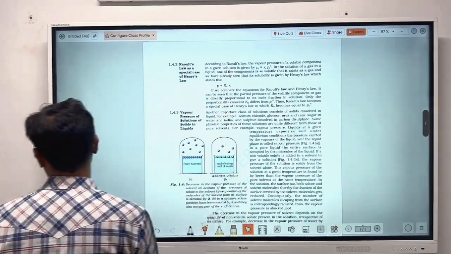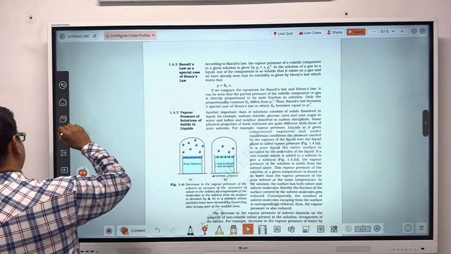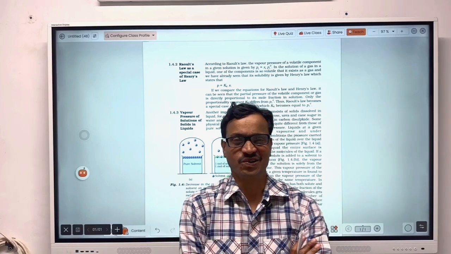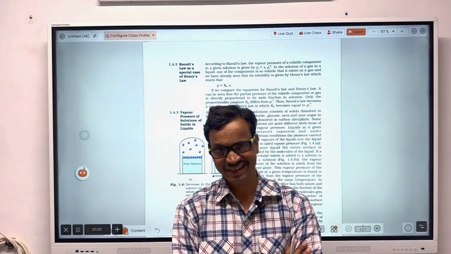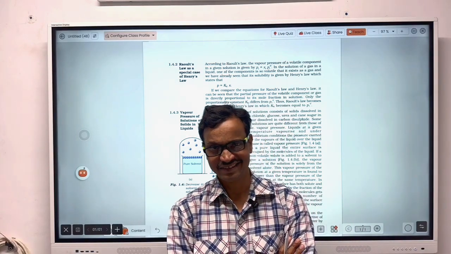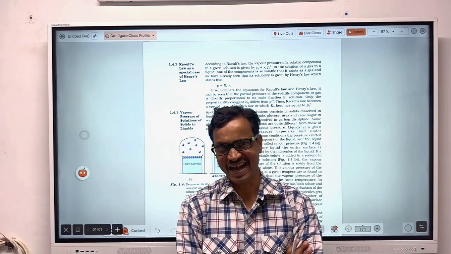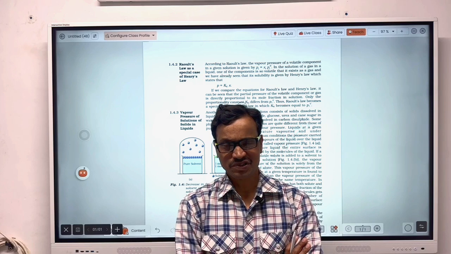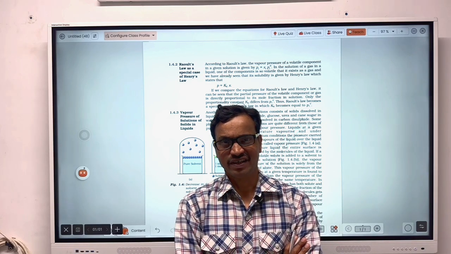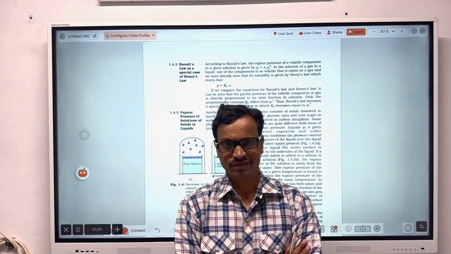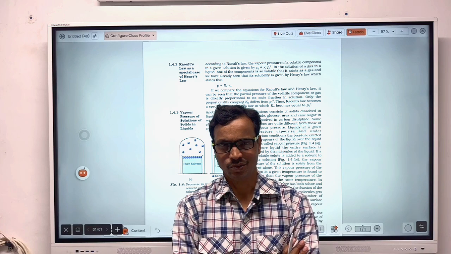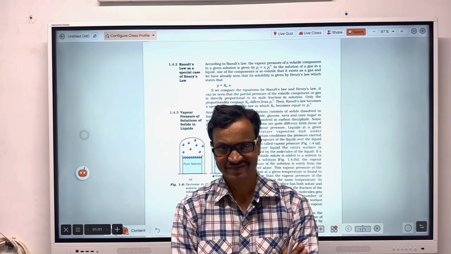This topic is asking about Raoult's law as a special case of Henry's law. What have you studied in Henry's law? That the solubility of a gas in a liquid will be directly proportional to the partial vapor pressure of that gas over the liquid.